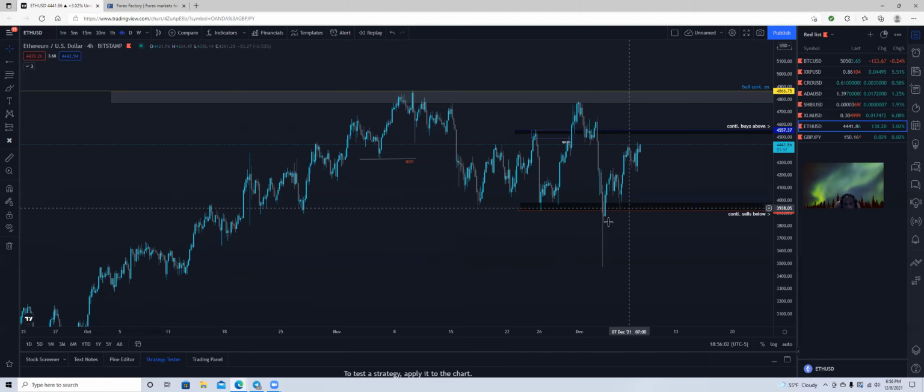And this one is not filled just yet. What that means is there are orders waiting down here to potentially buy this market back up. And knowing that, if all orders get filled and price action is way up, it has to make another drop before it fills those orders.